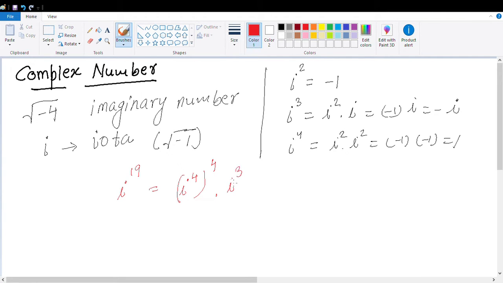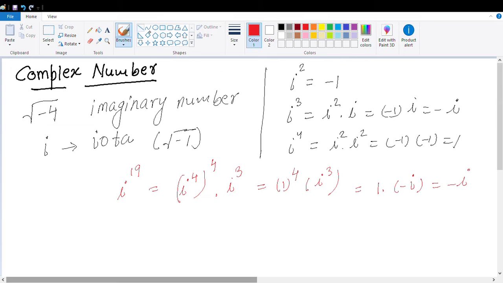So this is i raised to the power 4, that is 1, and 1 to the power 4 is 1, multiplied by i power 3. Just now I have told you 1 to the power any number is equal to 1, and i raised to the power 3 is minus i. So the answer will be minus i. This type of simple questions you can get for i, and you can easily solve them.